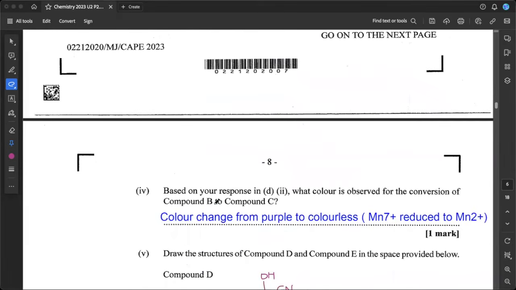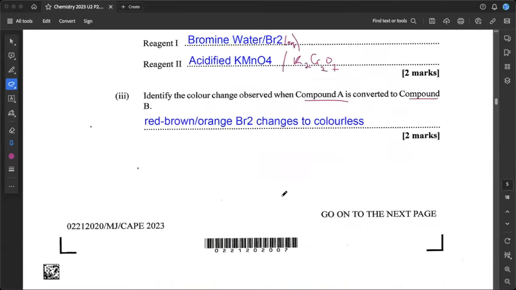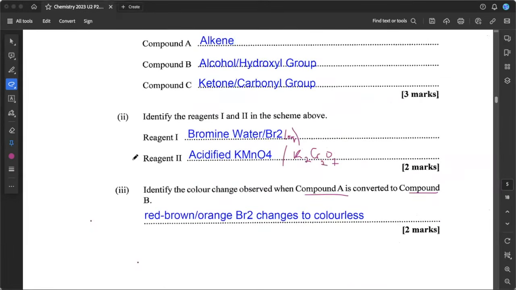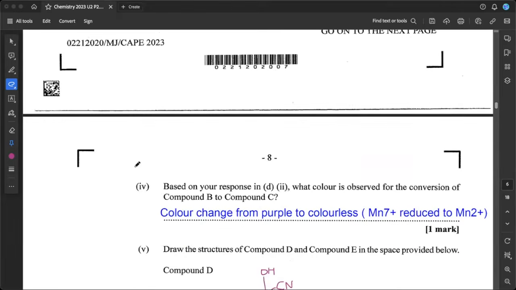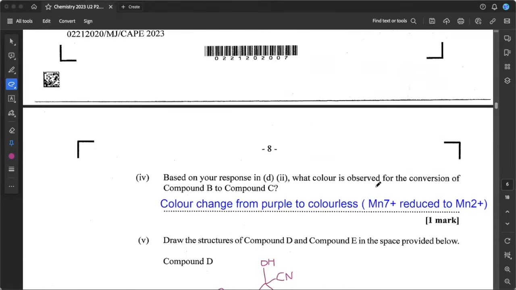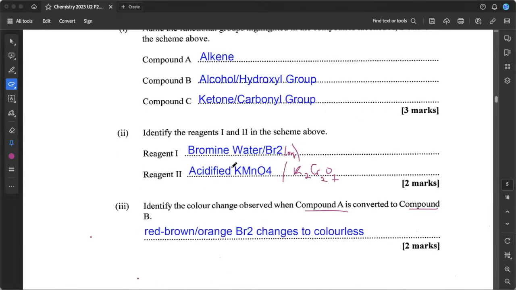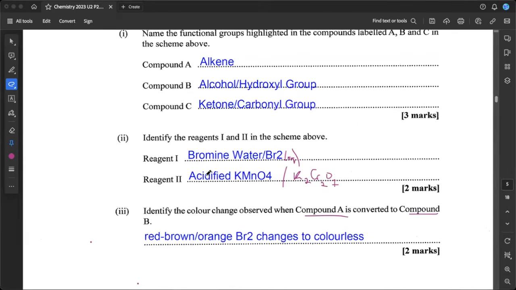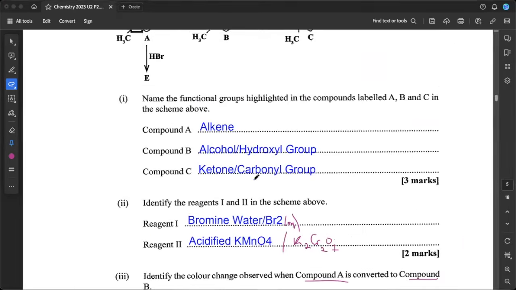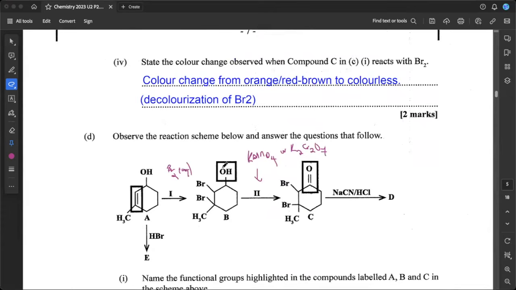So then based on your response in D part 2, what was D part 2 again? D part 2 was here. Based on your response to that, what color is observed for the conversion of compound B to C, right? So in D part 2, we said we can use acidified potassium permanganate, or we can use potassium dichromate. If we use the acidified potassium permanganate, and we're going from alcohol to ketone, we're going to have a color change.